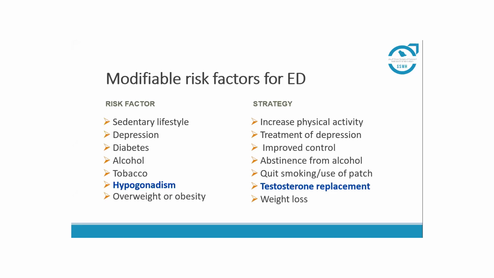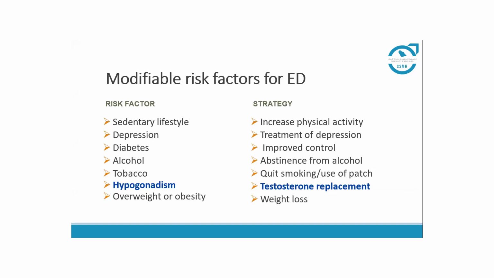So the most common modifiable risk factors that we should look for is the lifestyle. If the patient is having a sedentary lifestyle, increasing the physical activity, especially weightlifting, helps in gaining his erectile function back. If the patient is having depression, then treat this depression. Some of the patients will regain their erectile function. If the patient is having poor diabetic control, then improve their diabetic control.